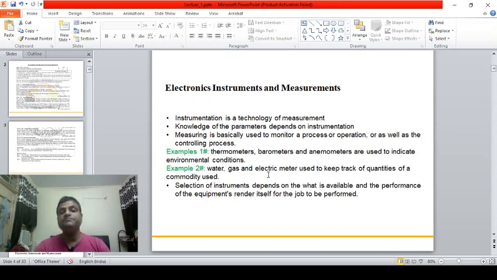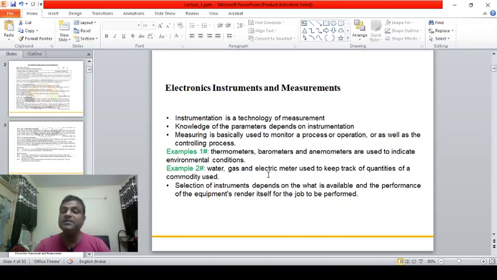Basically, in the case of measurement, we monitor a process or operation. It means measurement is to monitor a process or operation, as well as the controlling process. For example, we are using the thermometer, which is used for the measurement of fever. But what is the process?